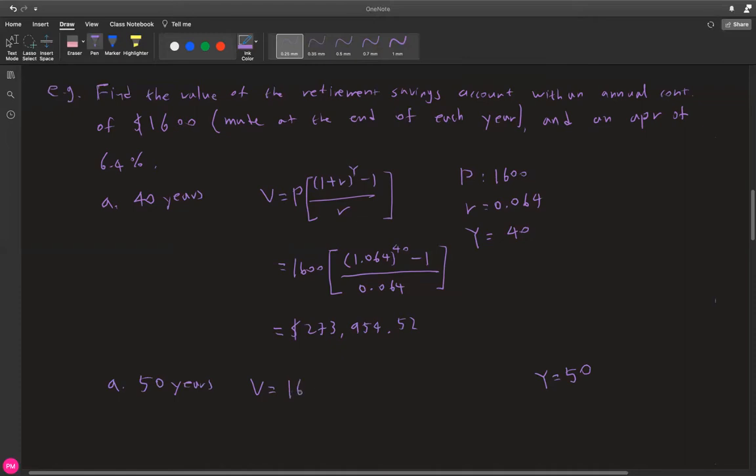And just by simply putting 50 for the y, now you can establish the formula as such. And by putting it into the calculator, you should be able to get $530,931.66.